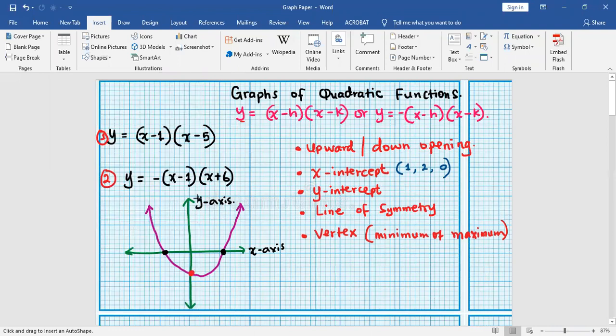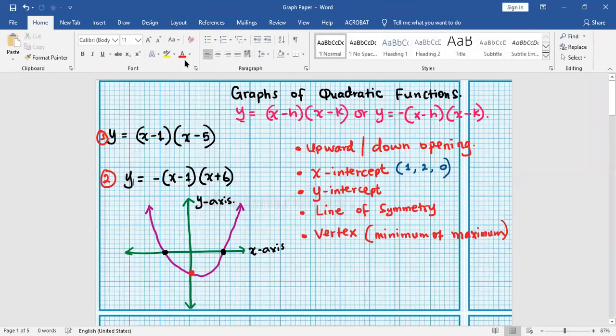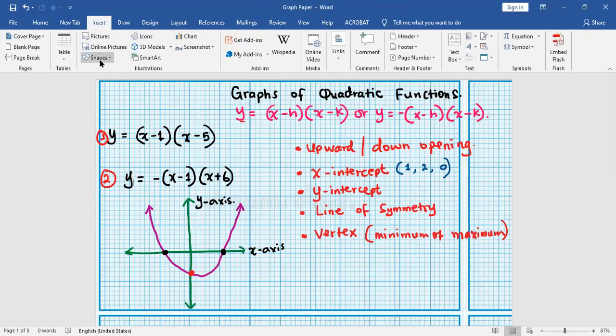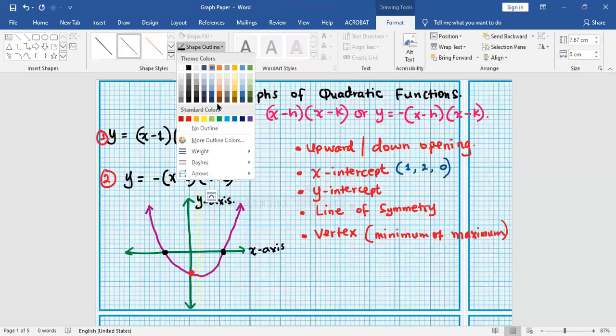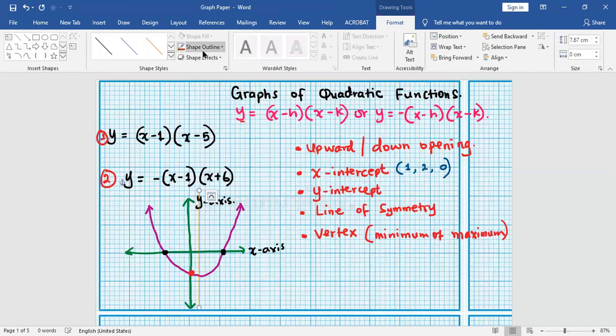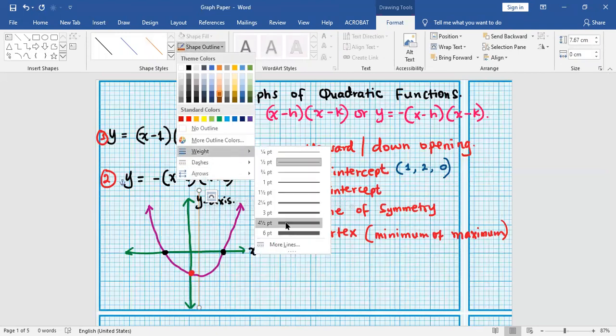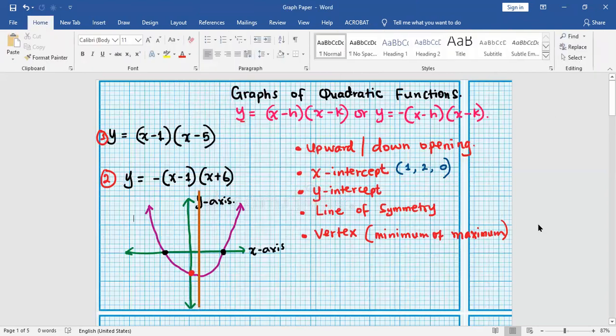Line of symmetry, it is like, let me try to draw it here. Okay, like this line.